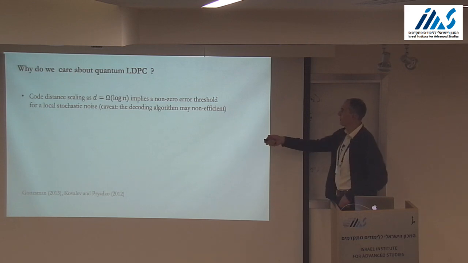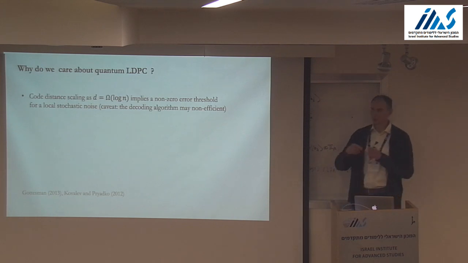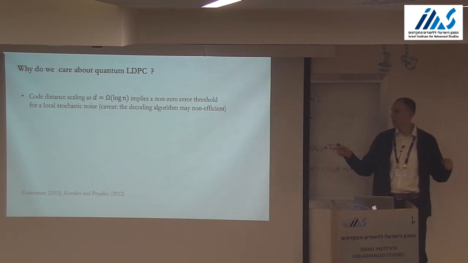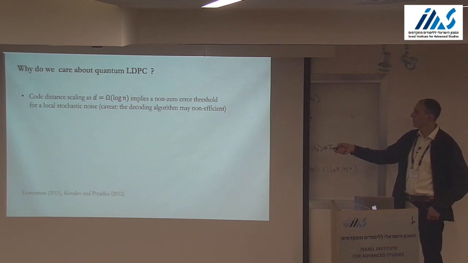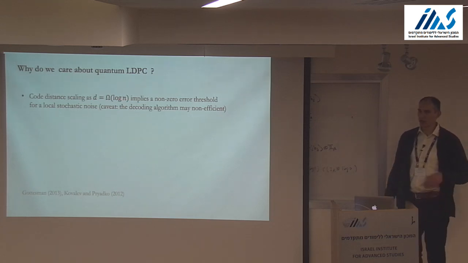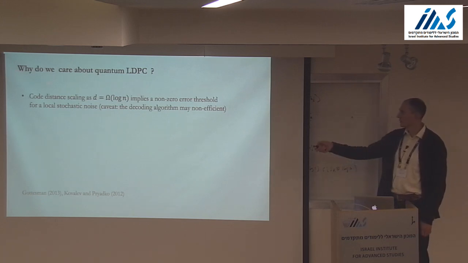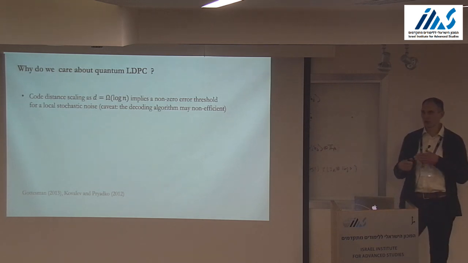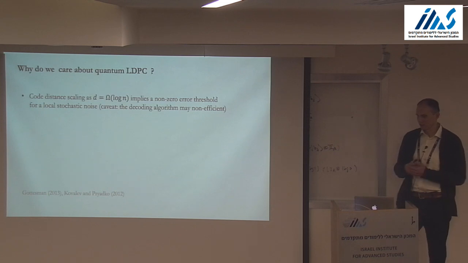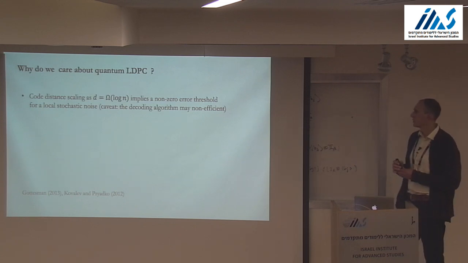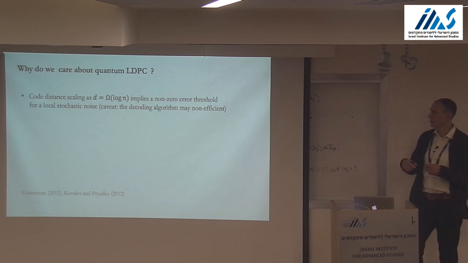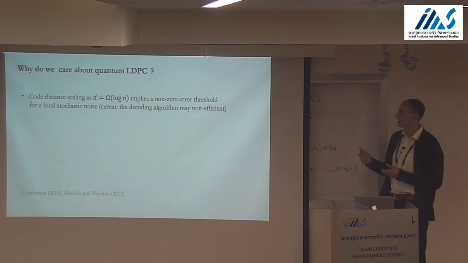As I said before, if we can show that code distance grows sufficiently fast with the code length, this implies a non-zero error threshold for the local stochastic noise model. An important caveat is that we don't know how to perform error correction efficiently for general LDPC codes. So the running time of a classical decoding algorithm could be exponential in n.